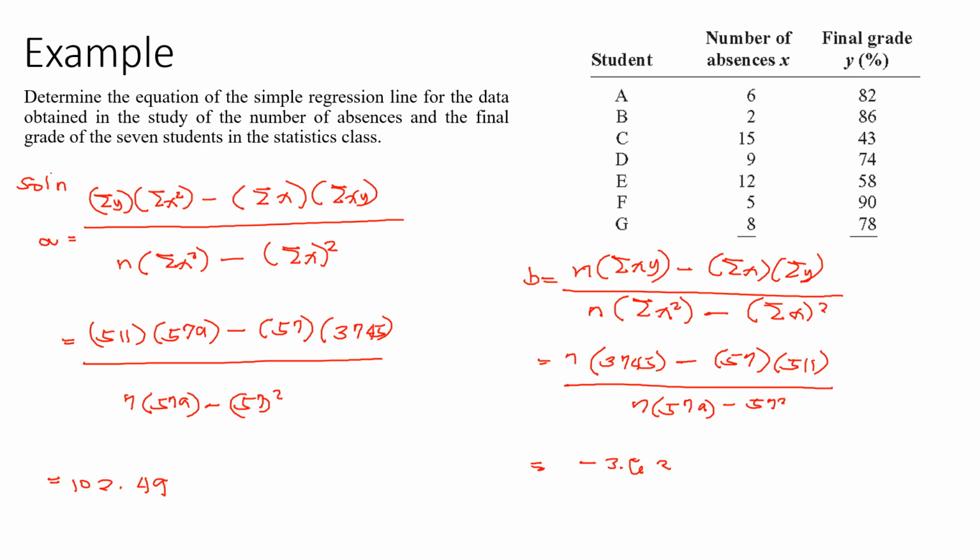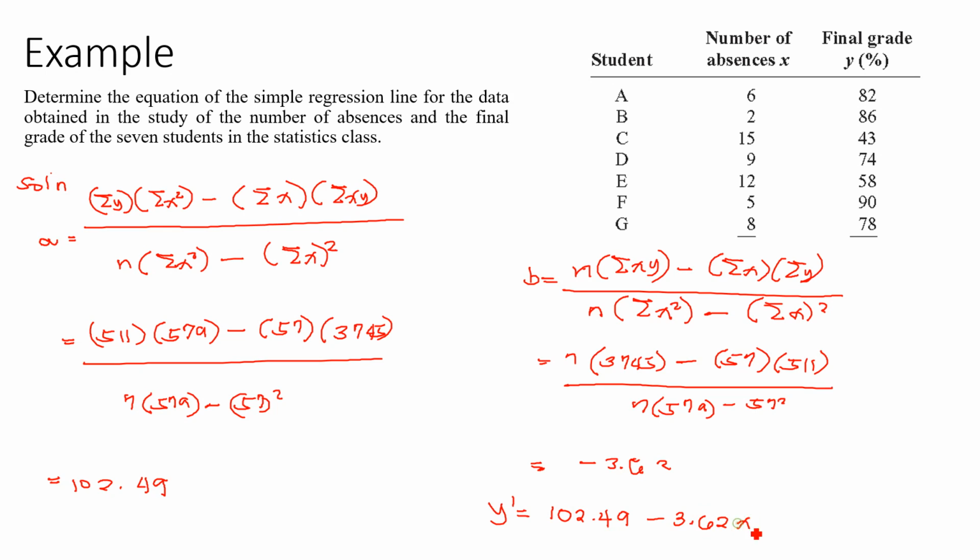This means that the equation of our regression line would be y prime is equal to our a, 102.49, minus bx, 3.62x.